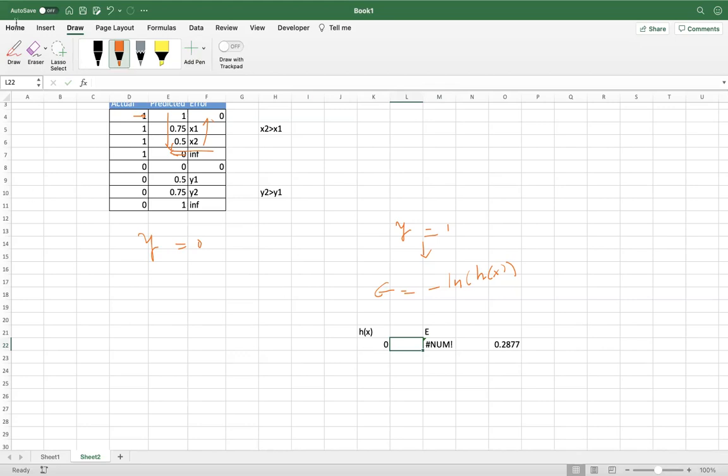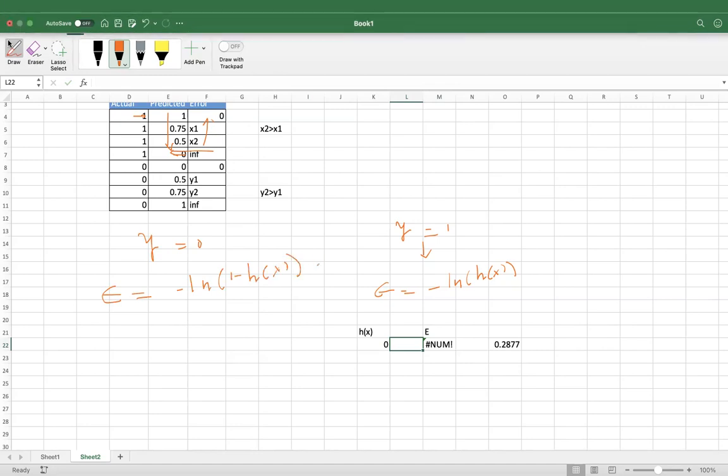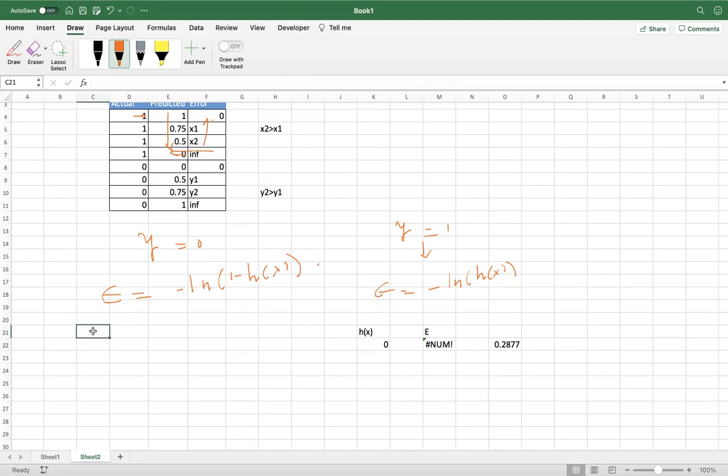Let us see it when y is equal to 0. When y is equal to 0, our error is defined as negative log of 1 minus h of x. So what does this do? Let us see that. This is our h of x when y is equal to 0, and this is our error.